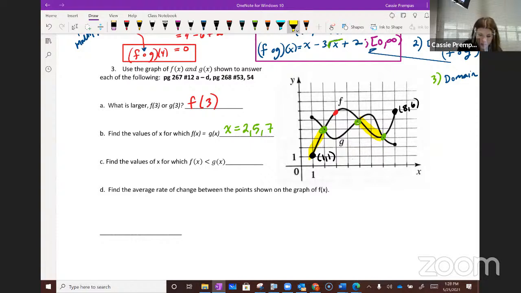So this looks like it starts at the x value of 1, and then this one goes to 2. But since I'm looking for less than, it would be bracket 1 to 2 with a parenthesis. And then I can join the other location, which would be 5 to 7. Does that make sense?